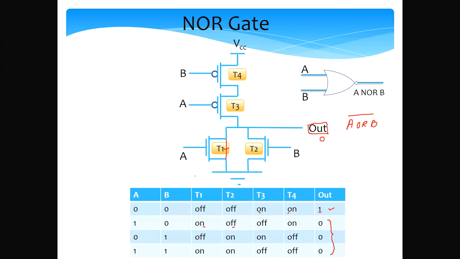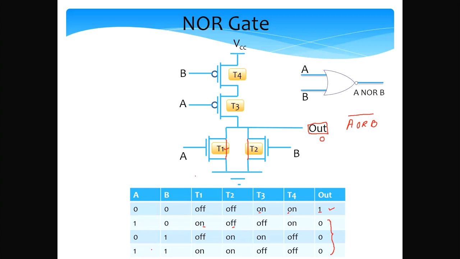So the supply is not connected with the output line. But out of T1 and T2, T2 is on. So this has become a closed circuit, and the output terminal is connected to the ground via T2 and its voltage is 0.